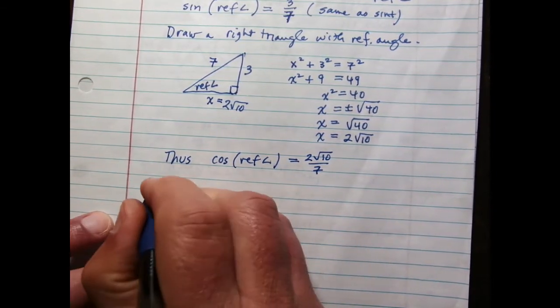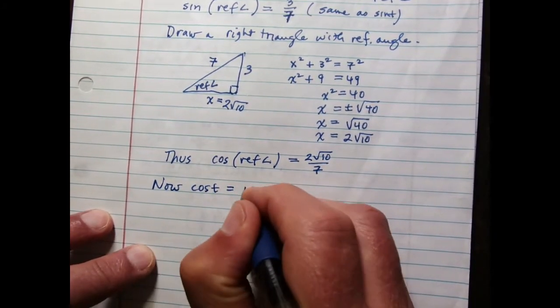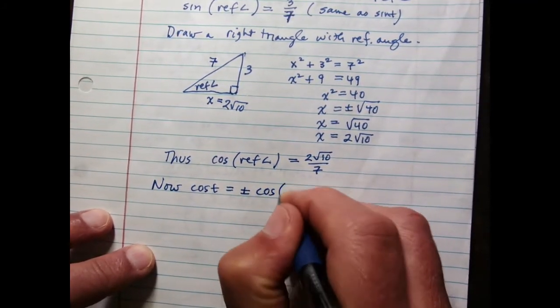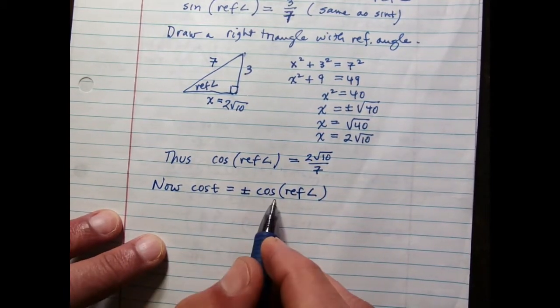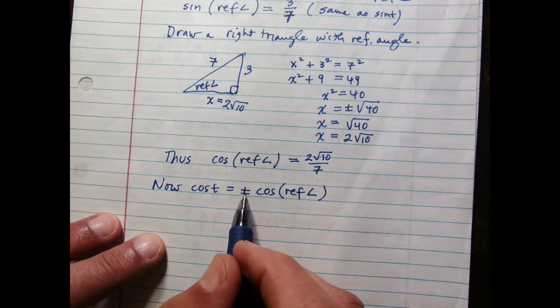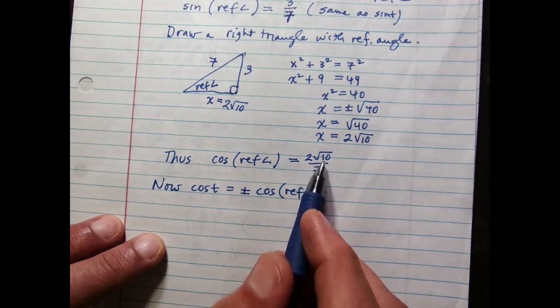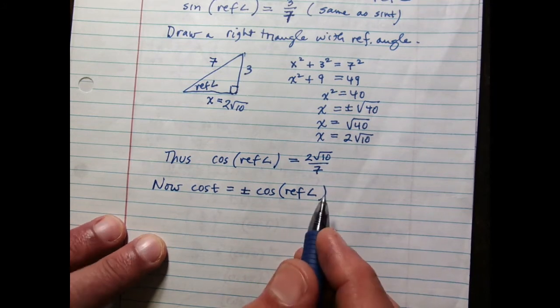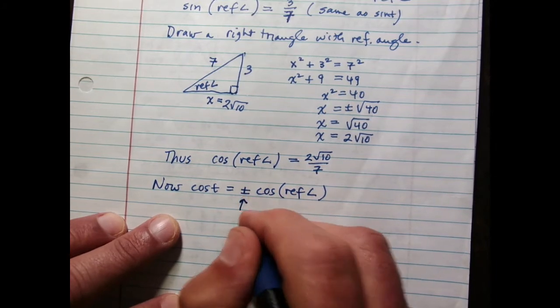Now cosine t is going to be plus or minus cosine of the reference angle. So when you go back to the angle t, we got to decide whether to use the same value or the opposite value as the reference angle cosine. The reference angle cosine will always be positive. So we got to choose.